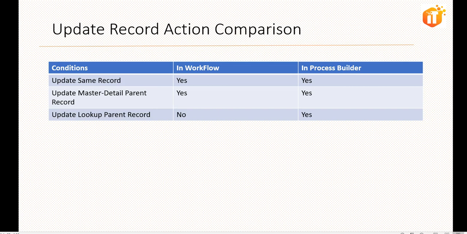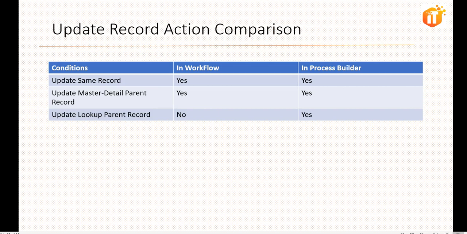If you have a master detail relationship and you want to update the parent's record, will you be able to do it through a workflow or a process builder? We can do it with the help of both. If I want to update a record of my parent in a master detail relationship, then I can update the parent's record also.